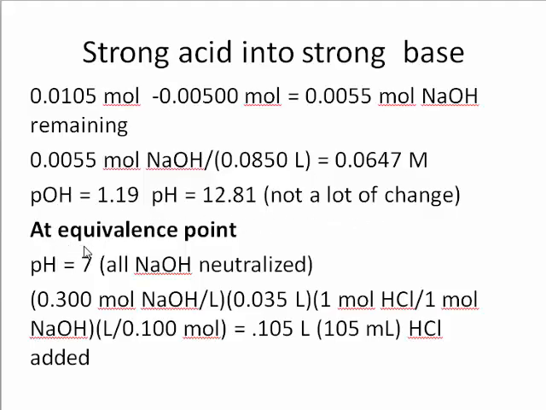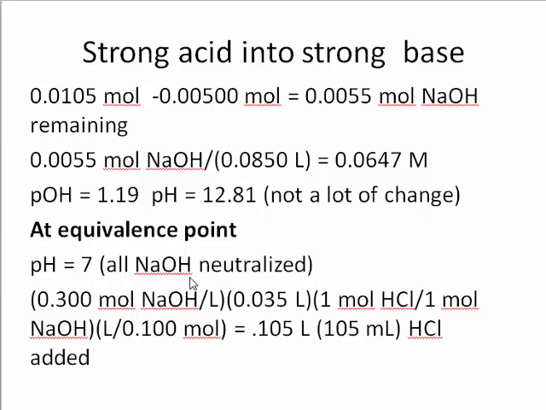Now, contrast to the equivalence point, where you know all the sodium hydroxide has been neutralized. You expect a pH of 7, and you can start with the moles of sodium hydroxide, which is to say the molarity times the volume again, convert to moles of HCl, divide by HCl molarity, and readily calculate liters and milliliters of HCl that have to be added to reach the equivalence point.